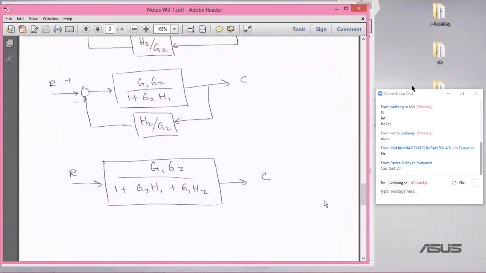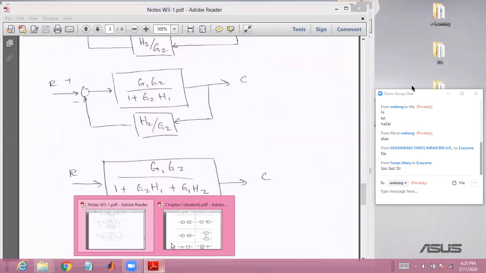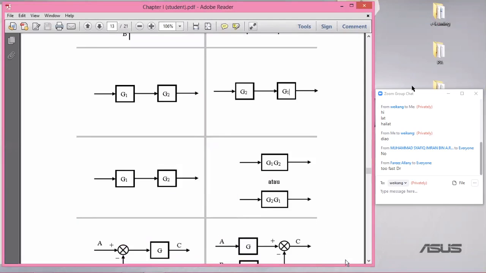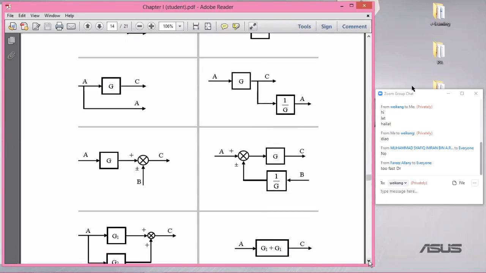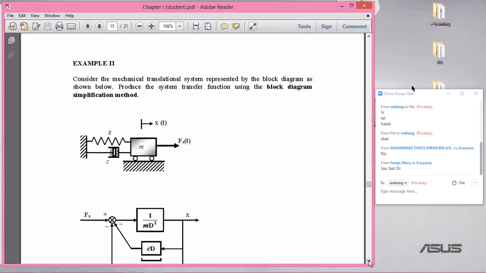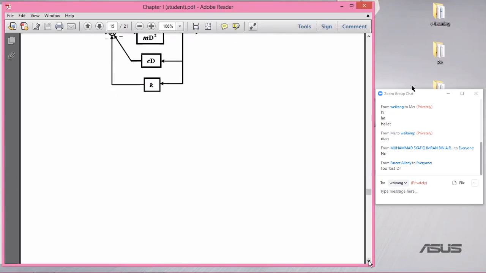Now, this may look simple, but sometimes a simplification of block diagram can be quite complicated. See, I have extracted this. Okay, this is not in your notes. There is the last example, I guess, from your notes.